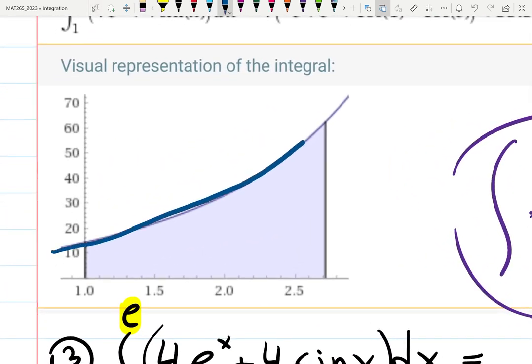I plotted the function, and we wanted to find the integral from 1 to e, and e is approximately 2.7, right? And this is the area we found using this integration. Area is only one of the applications. There's so much more to that. Does it make sense?